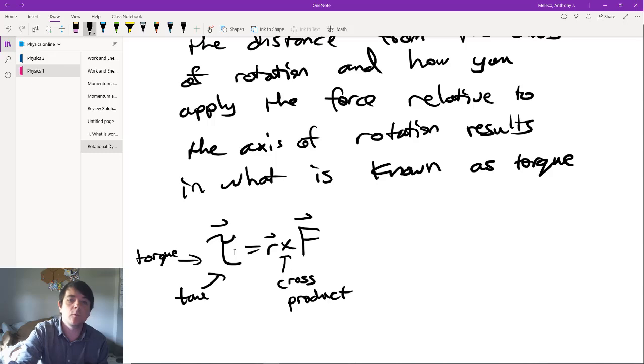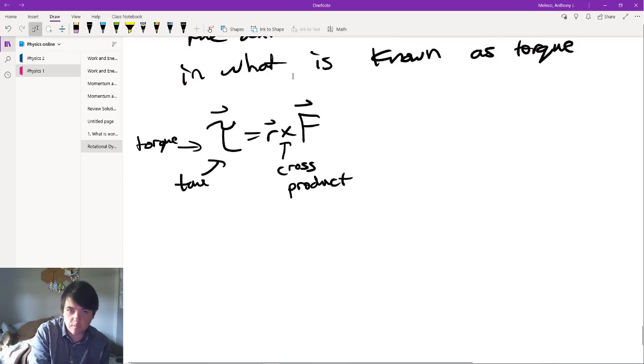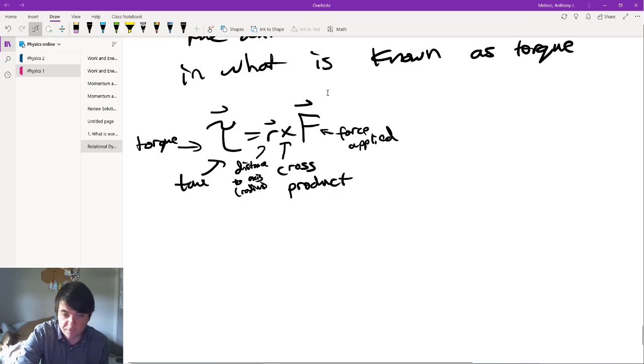Everything is a vector, and there's a cross product in between, and this is the radius or distance to axis, which is like the radius, how far out you are, kind of. And this is the force applied. So let's look at this real quick.